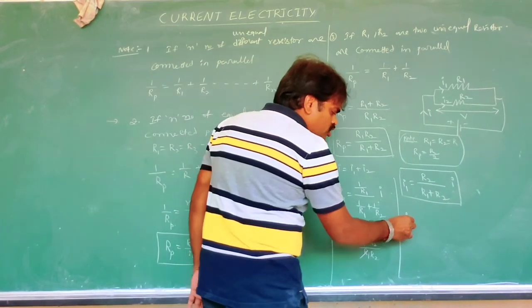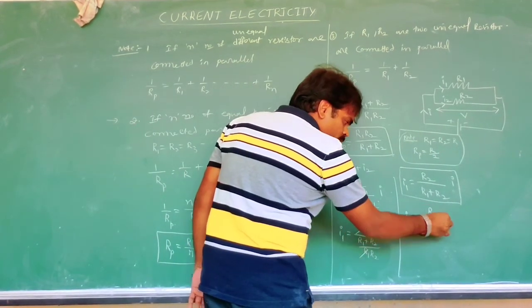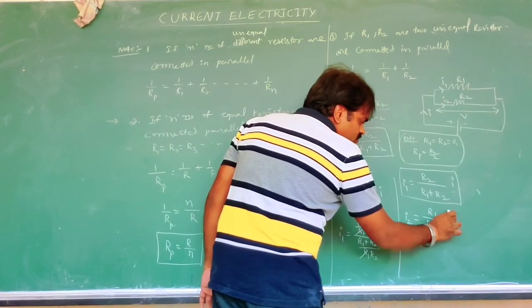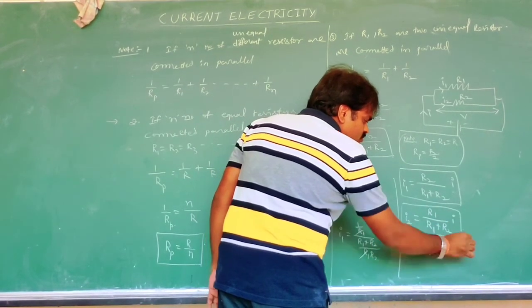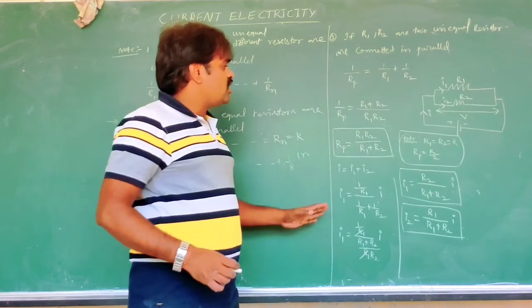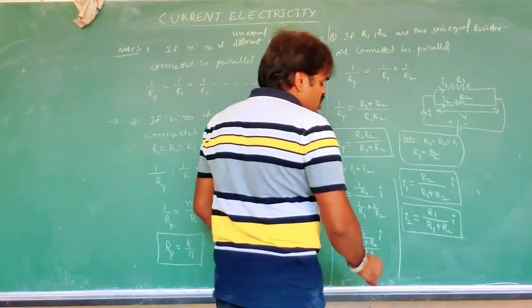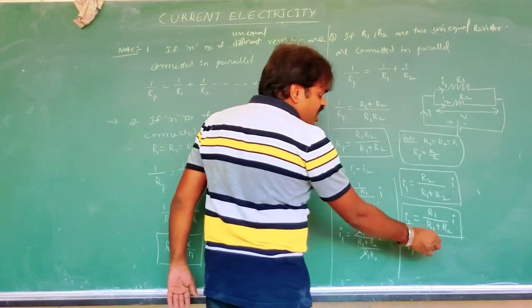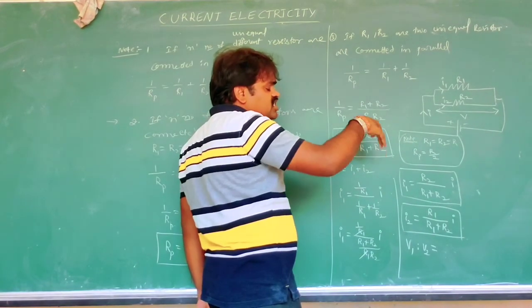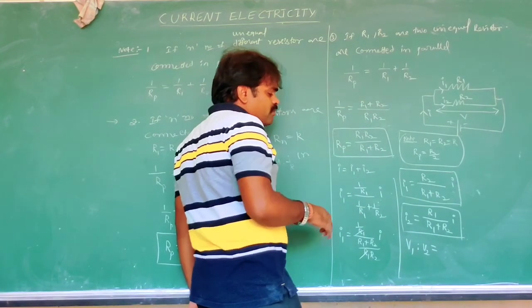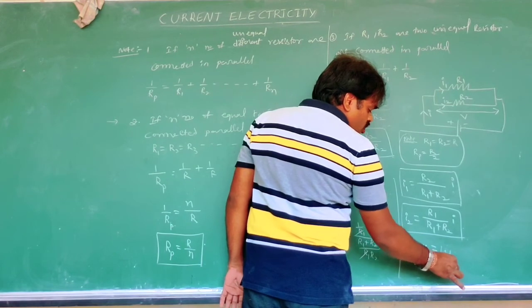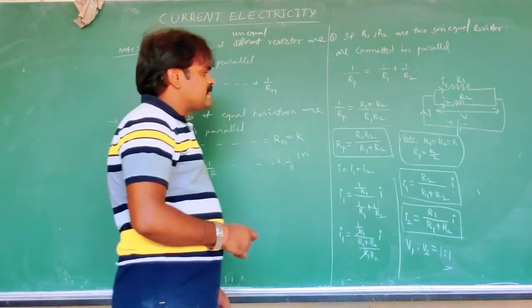Similarly, I2 is equal to R1 by R1 plus R2 into I. This is the ratio of the potentials in this parallel combination, V1 is to V2, because the potential across each resistance will be the same in the parallel combination. That's why V1 is equal to V2.